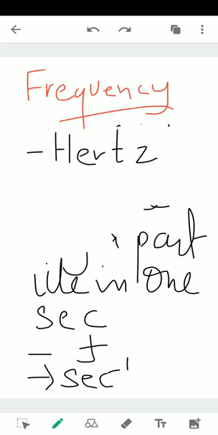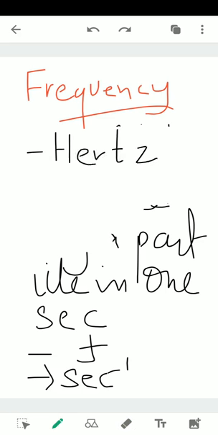So we have learned about amplitude, time period and frequency. Let us discuss the last important term related to a wave, that is wavelength.